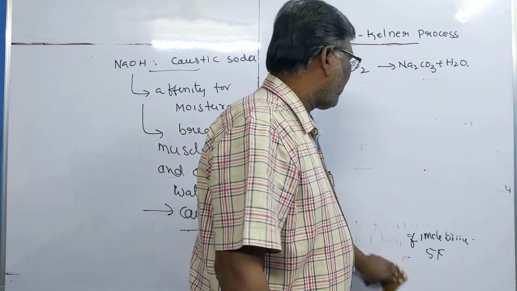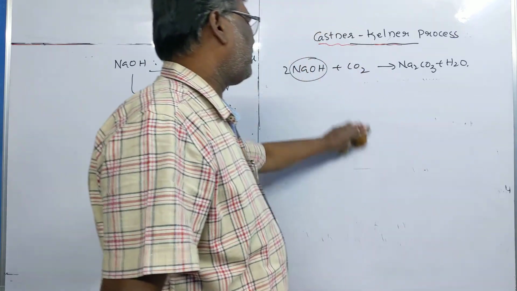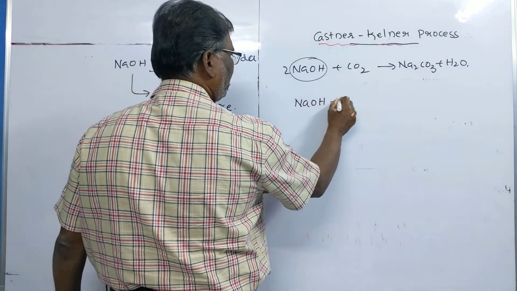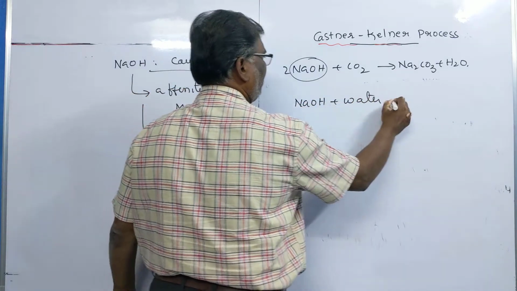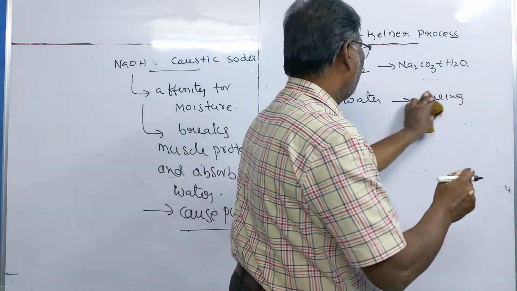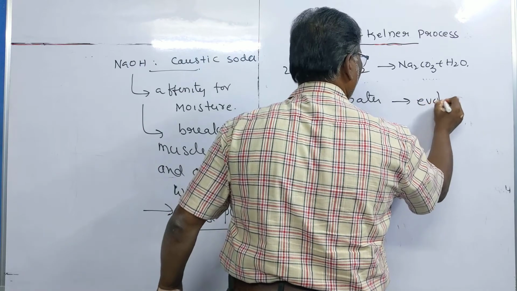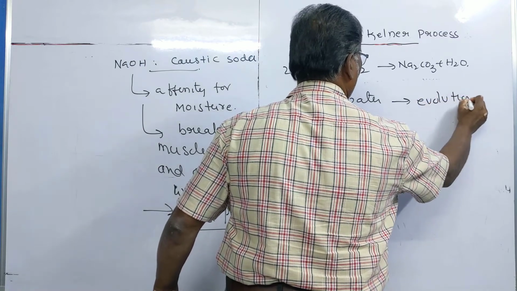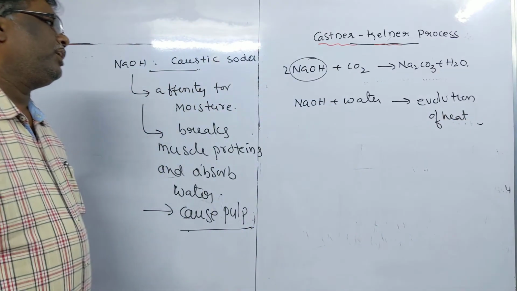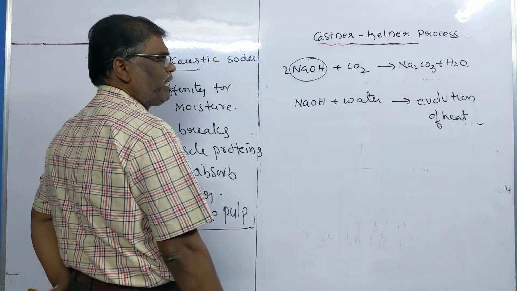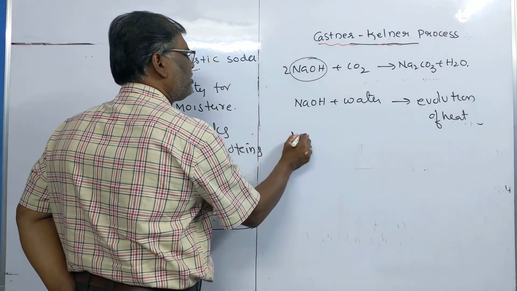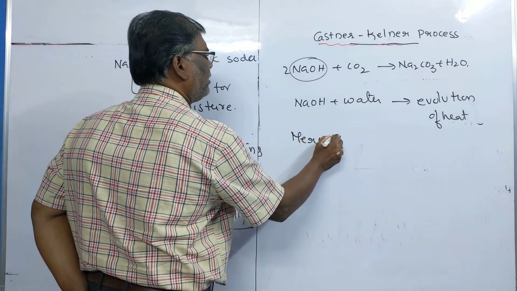Sodium carbonate dissolves in water by liberating heat. Sodium hydroxide is used for refining petroleum. It is used in the glass industry. It is used for mercerizing cotton.